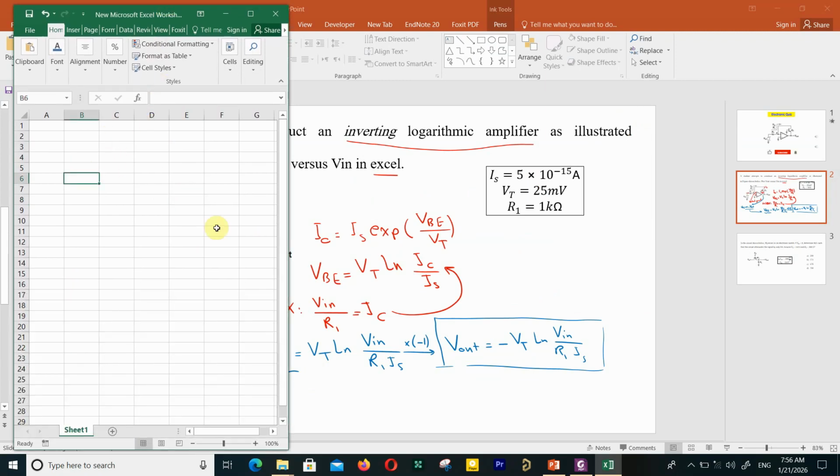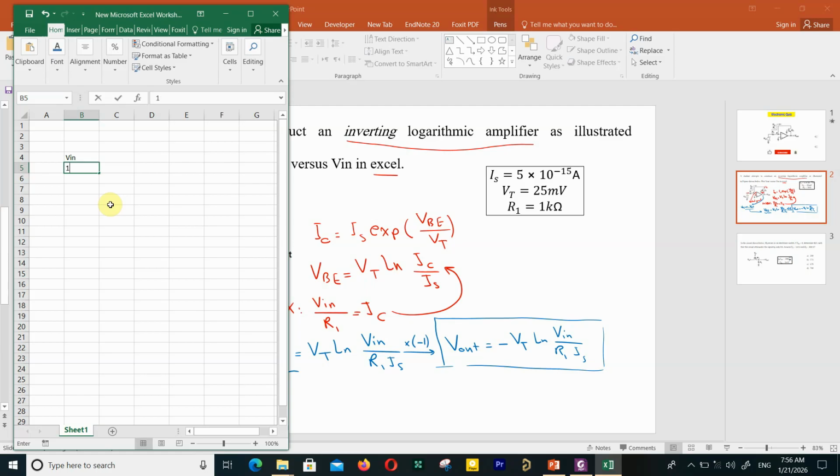So this is my Excel, and I'm gonna plot this equation somehow. We need some numbers in order to do that. For example, here it's our V in. This is an amplifier to respond to a small signal model. So V in has to be small numbers like millivolts.